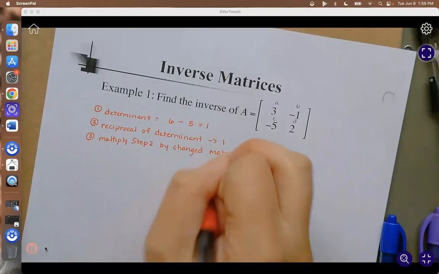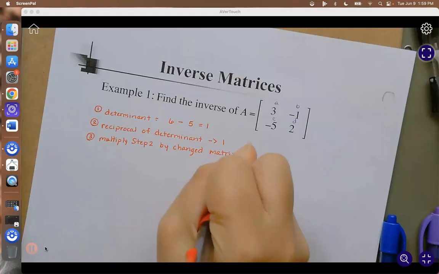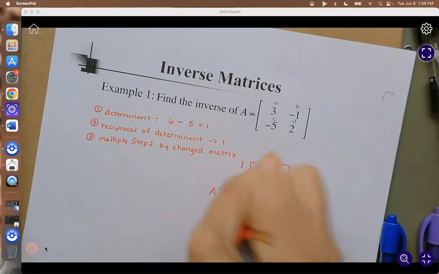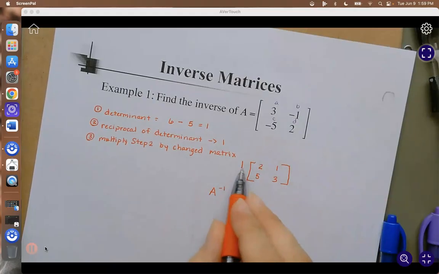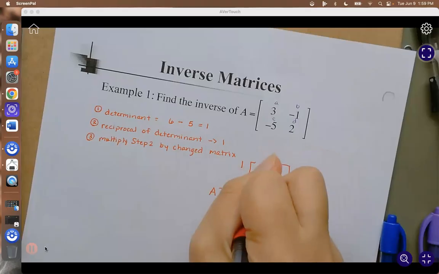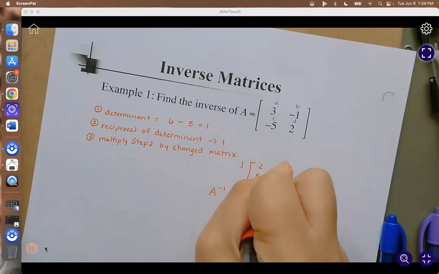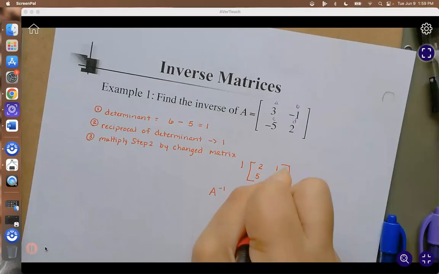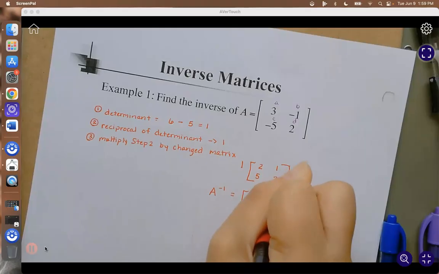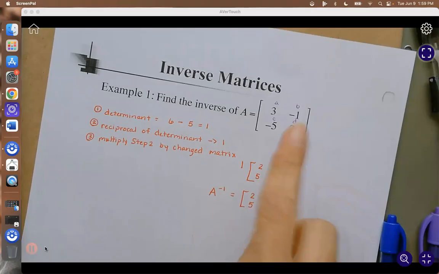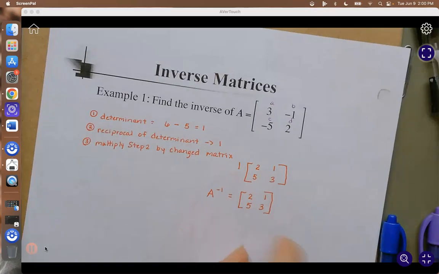Okay, so my inverse matrix, if I multiply each of those by 1, gives me 2, 1, 5, 3. And if you wanted to check this, you could multiply this by this, and it would give you the 1, 0, 0, 1.